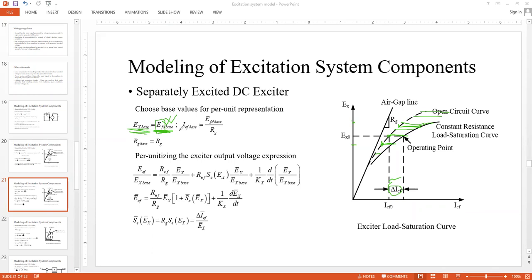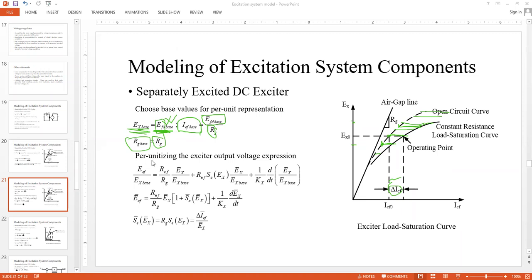Then IEF base, the current in the exciter field circuit, is simply the voltage base divided by the resistance RG, the air gap resistance. RG is simply RG base, so you can also call it EFD base divided by RG base, all the same.